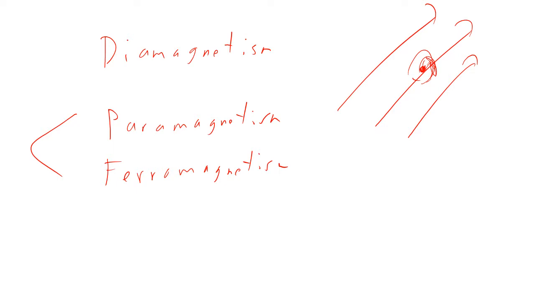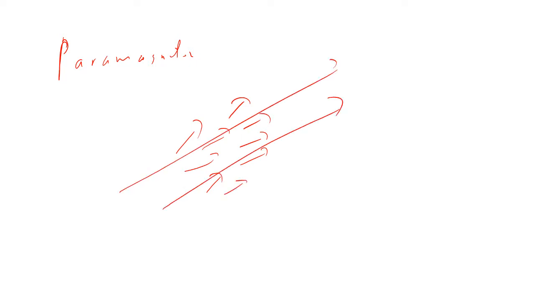So for paramagnetism, what happens is you apply the magnetic field and a whole bunch of these magnetic moments, in some material that has a bunch of these electrons going around in the same direction, start all lining up in the same general direction when you apply an external magnetic field.